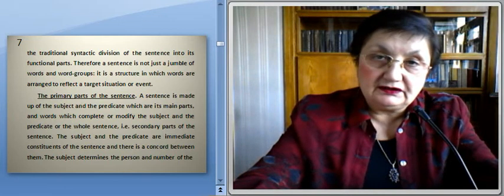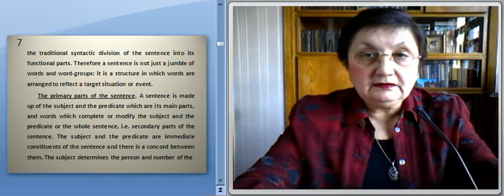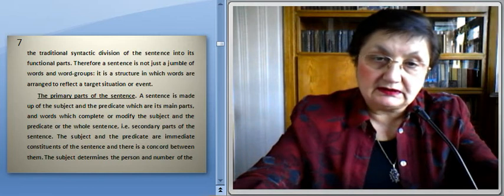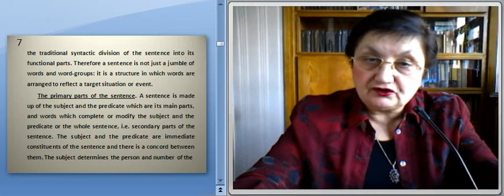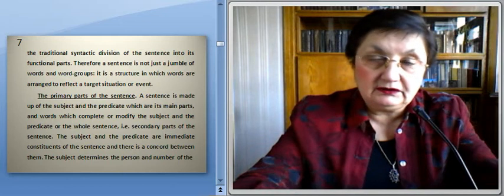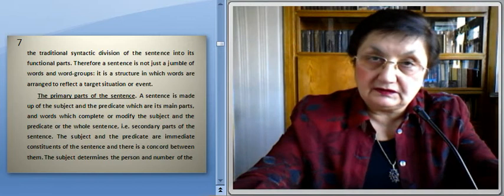A sentence is made up of the subject and the predicate, which are its main parts, and words which complete or modify the subject and the predicate, or the whole sentence. That's secondary parts of the sentence. The subject and the predicate are immediate constituents of the sentence, and there is a concord between them.